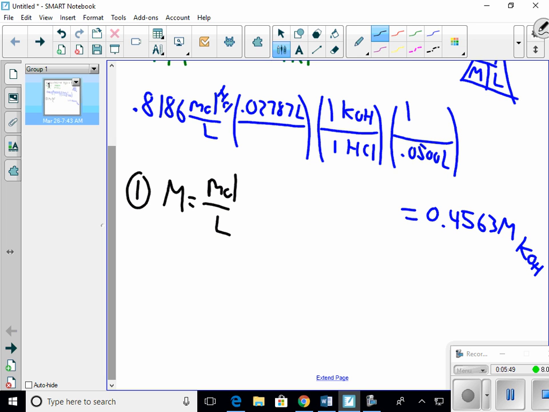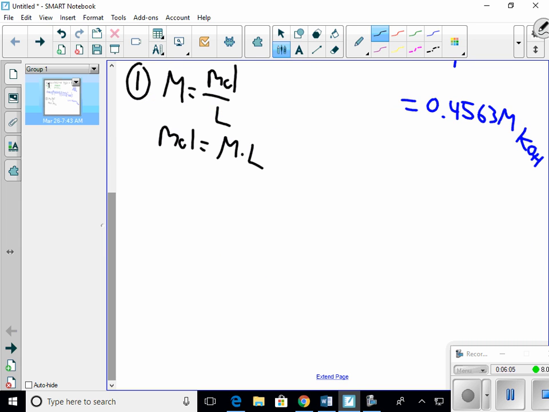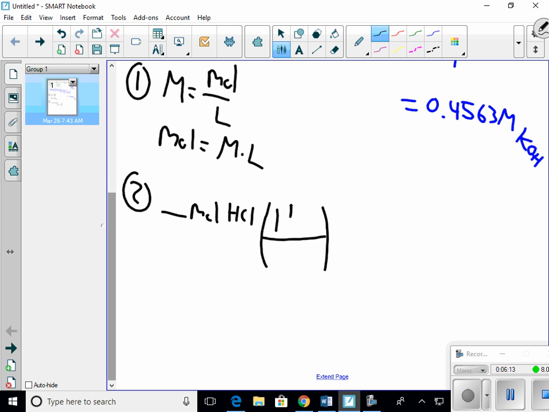You could instead start by taking molarity times liters. That's what I did up here: 0.816 times the 0.02787. So you could do that as your step one. Then if you had blank moles of HCl, you still got to do the stoich: 1 KOH for every 1 HCl, because that would get you to moles of KOH.